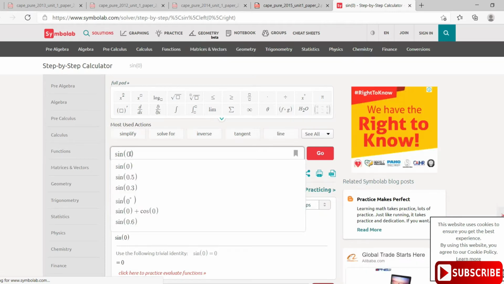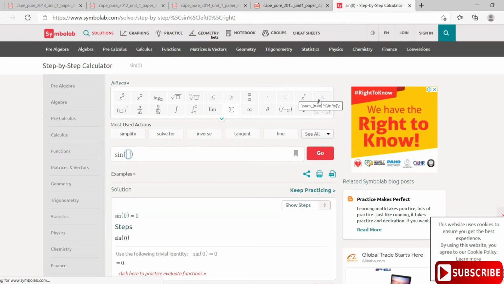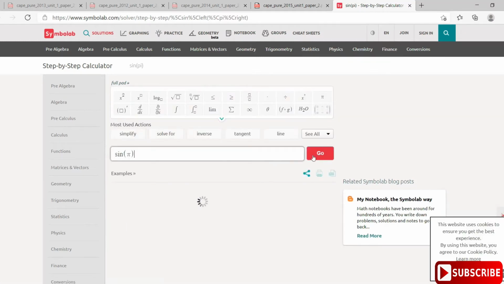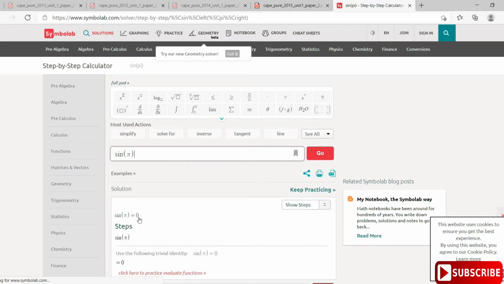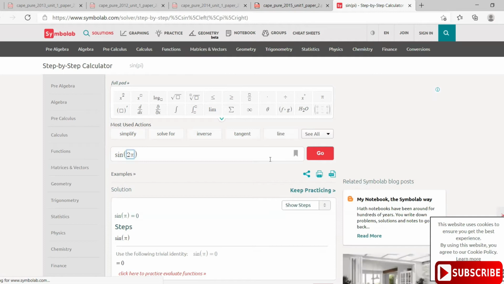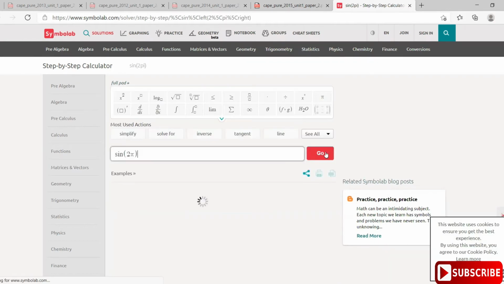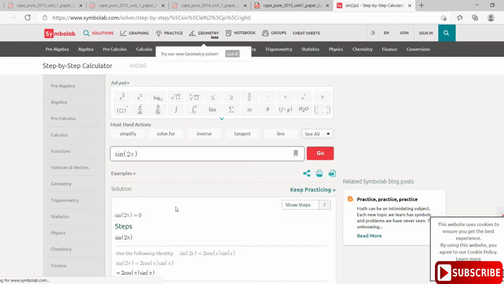Now, the sine of pi. You're also going to get 0. Here it is, the sine of pi is also 0. So that shows that x equals pi is a solution. And sine 2 pi is also 0. There it is, sine 2 pi is also 0.